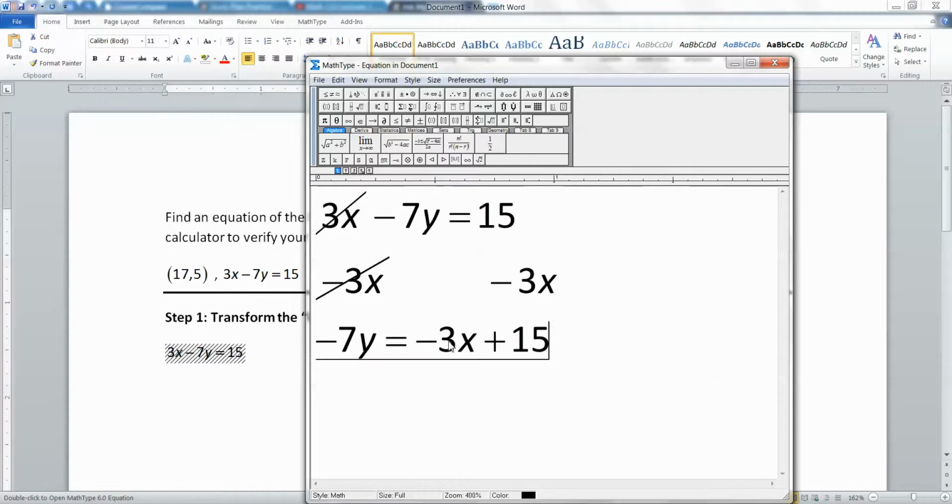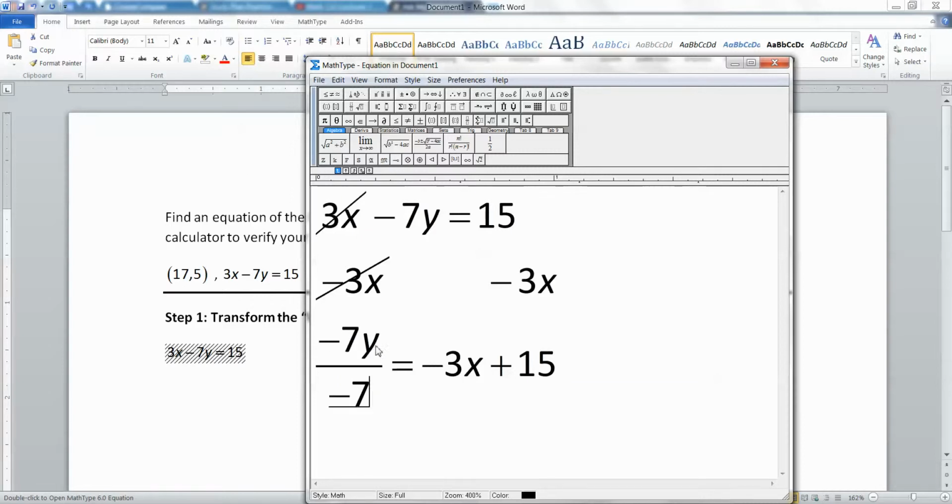Or if you like, you could say 15 minus 3x, but we tend to want mx plus b form, right? Now we need to get y by itself, so we're going to have to divide by negative 7. And if we do it on the left, we have to do it on the right. Beautiful. Okay, so you're going to have y equals, now this is going to be a little tricky.